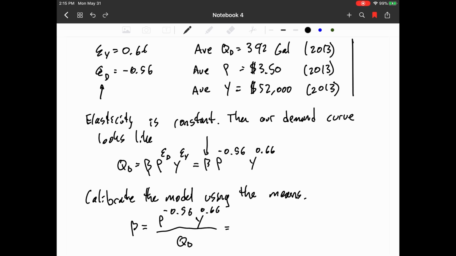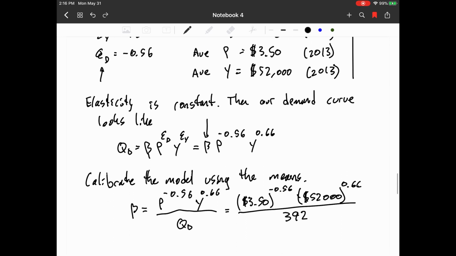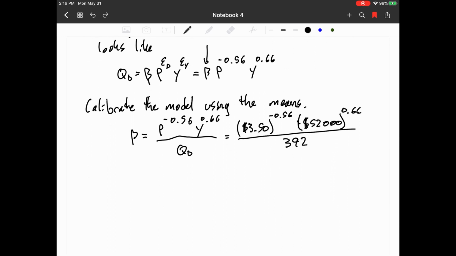So this looks like 350 raised to the power of 0.56 times our average income raised to the power of 0.66, over our average quantity demanded yearly. And if we plug this into a calculator, this comes out to be just about 0.626.